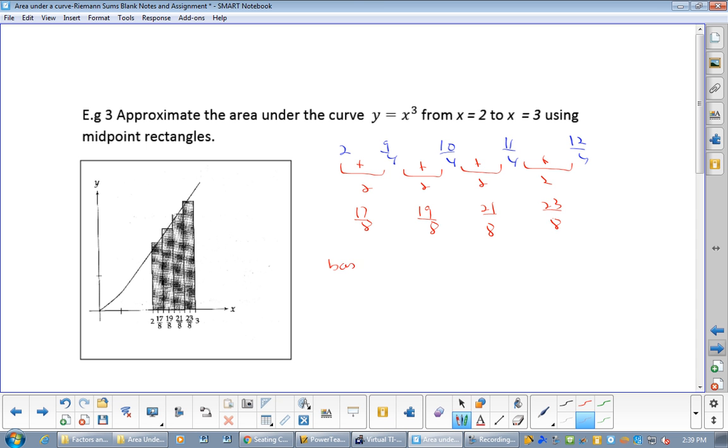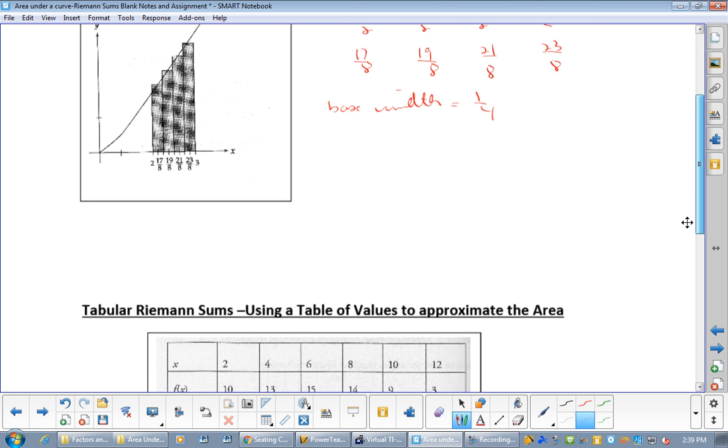Remember, the base width equals 1/4 still, right? We don't have to recalculate that.